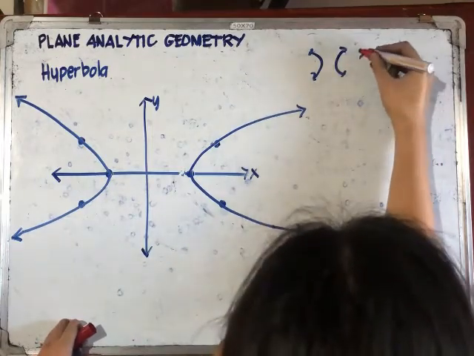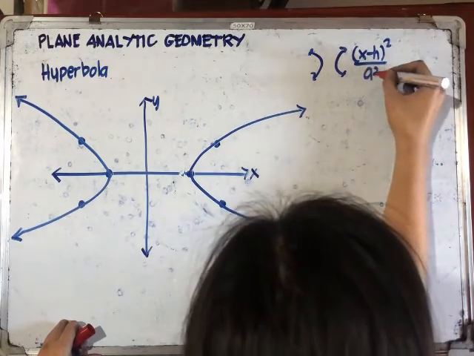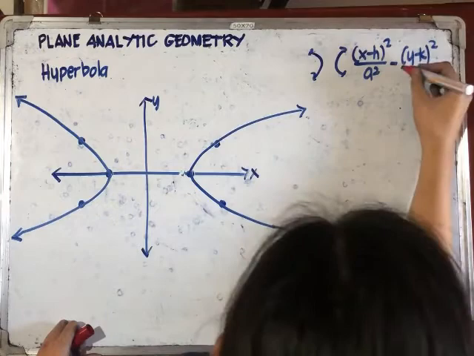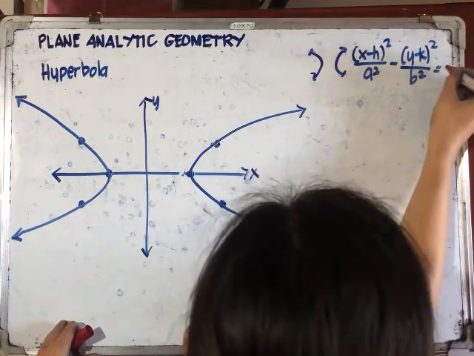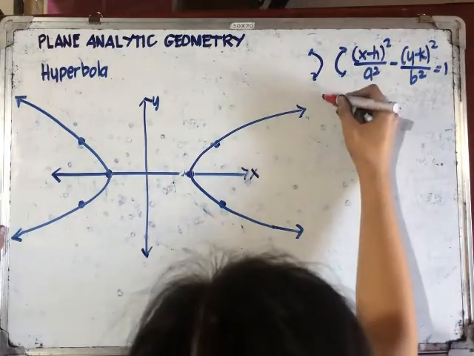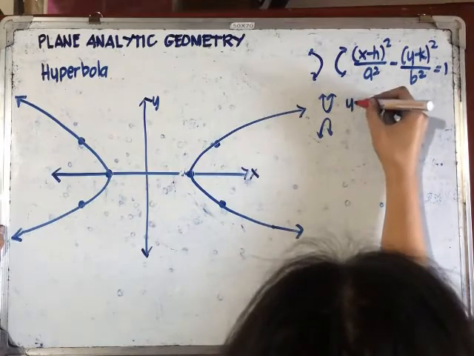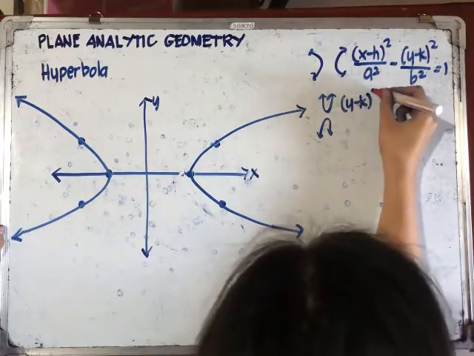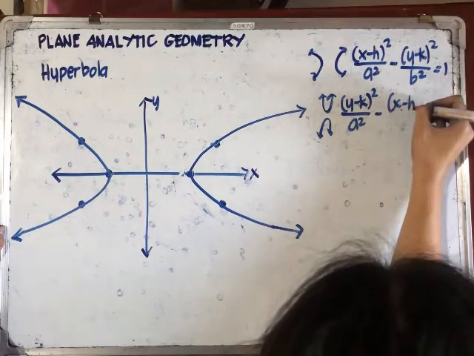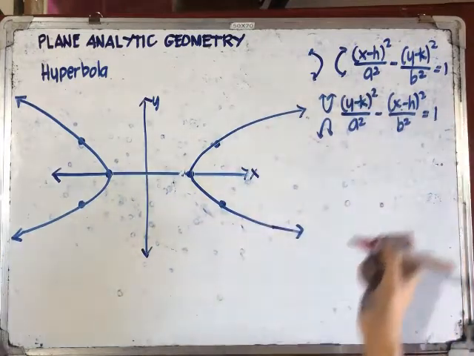So this is your (x minus h) squared over a squared minus (y minus k) squared over b squared is equal to 1. Alright, then we have, for ganito naman na itsura ng hyperbola, meron tayong (y minus k) squared over a squared minus (x minus h) squared over b squared is equal to 1.